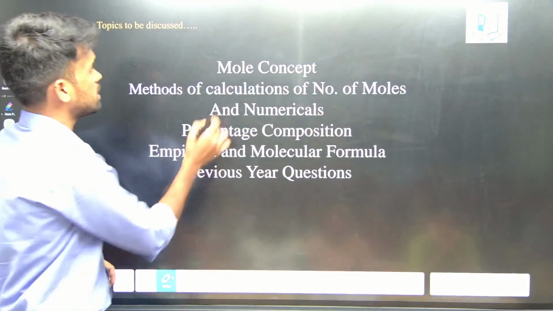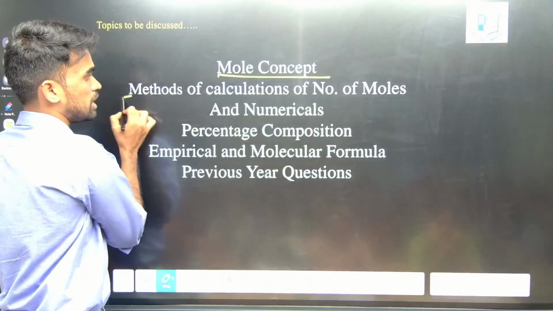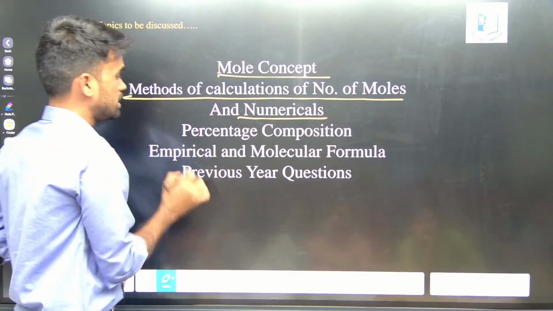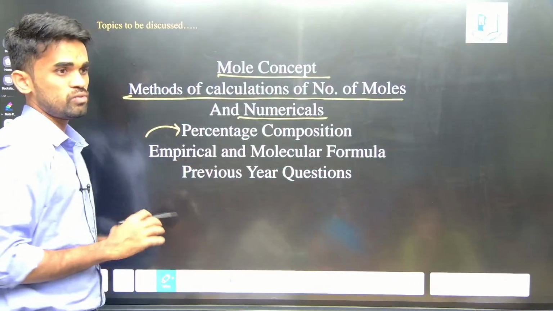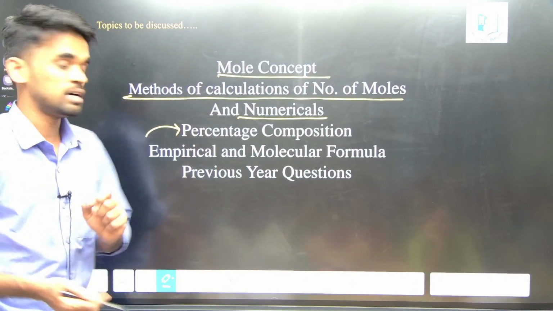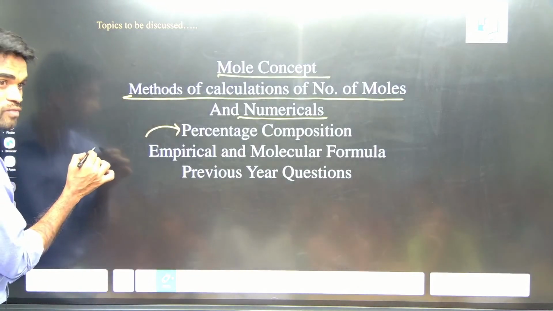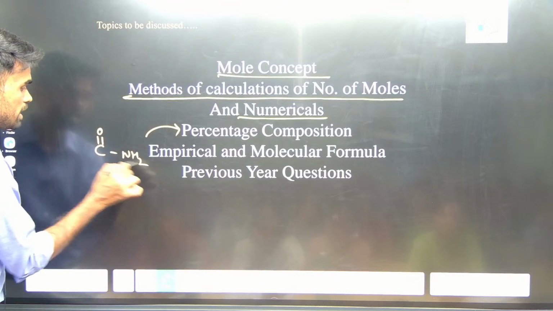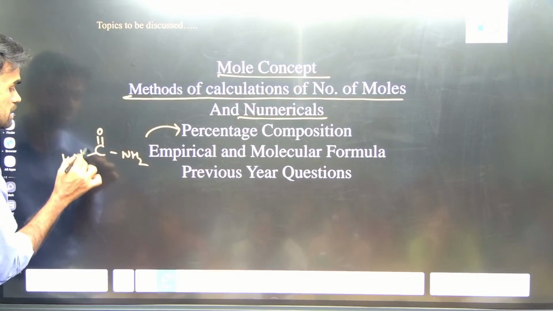First thing is mole concept, then calculations, methods to calculate number of moles and a few numericals related to that. The next is percentage composition. What do we mean by percentage composition? In the last class I gave you urea. The urea formula I told you is CO(NH2)2. Then I asked you to calculate the percentage of nitrogen.